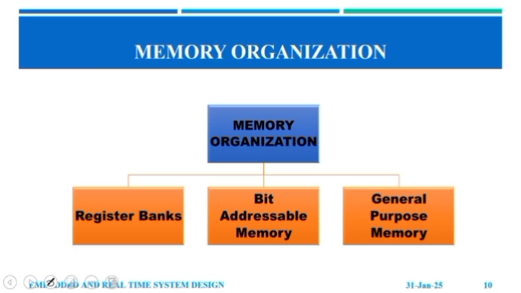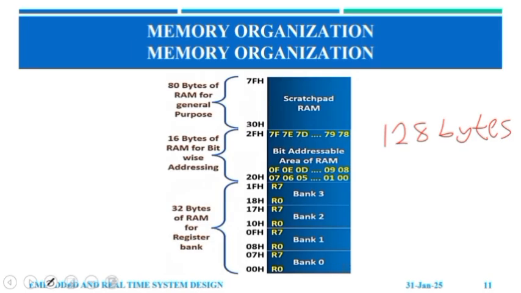Now the memory organization is divided into three parts. We have the register banks, the bit addressable memory or bitwise addressing, and the general purpose memory. So we'll look at them individually. And this is the organization of the memory.